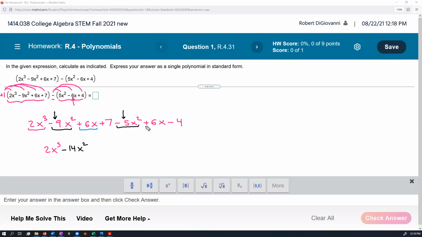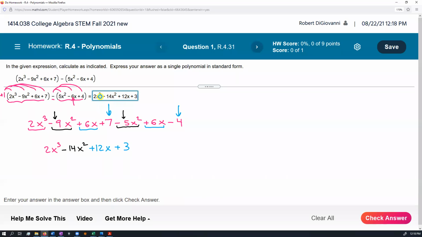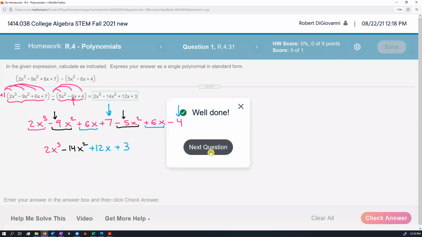I have 6x and another 6x, and I add those together, I get 12 x's. And finally, I want to put the 7 and the -4 together. That gives me a +3. So this should be our result. Let's type it in. 2x cubed minus 14x squared plus 12x plus 3. There we go.